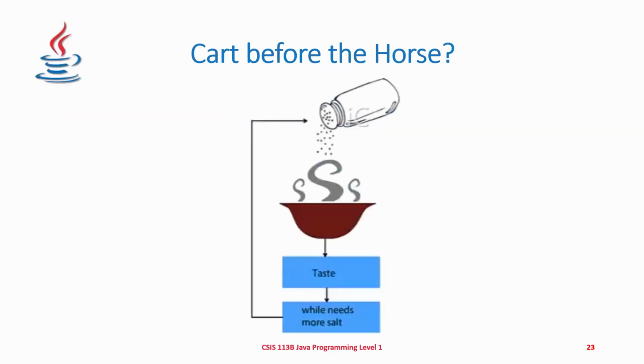As I said in the previous slides, in a do-while loop, the statements in the body are going to run before we ever test the condition. And sometimes that's what you want to happen. But this example, titled "The Cart Before the Horse," is really what you'd be doing with a do-while loop.